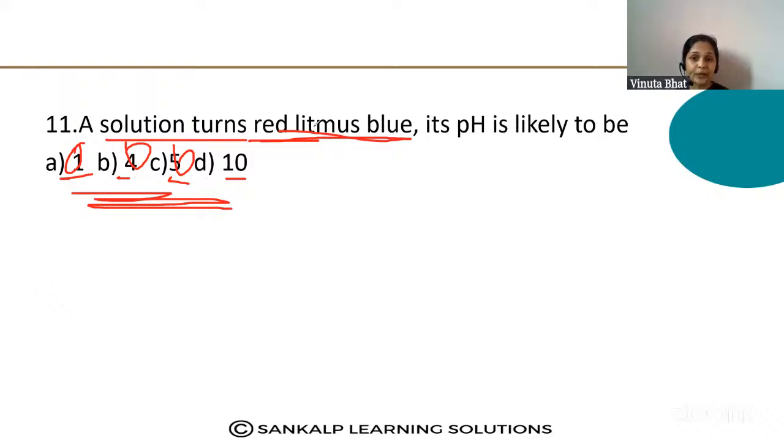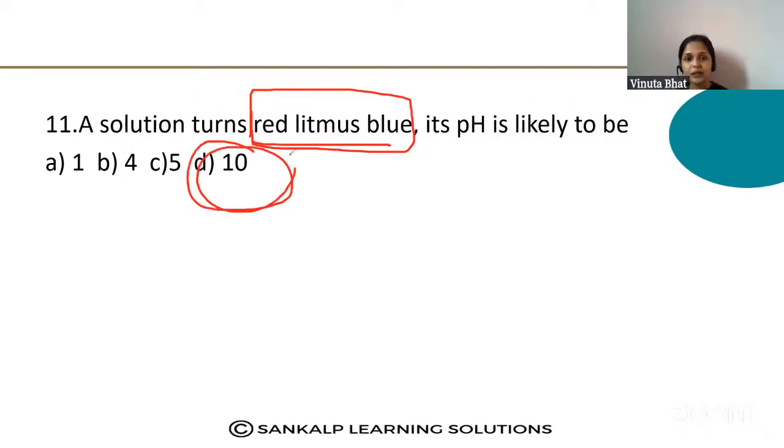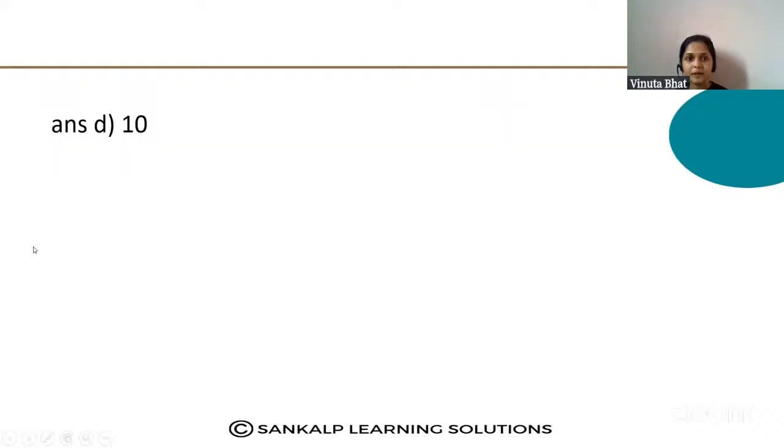When it is a base, the red litmus turns into blue. So in the base only the red litmus turns into blue, that is having the pH value 10. Next question.